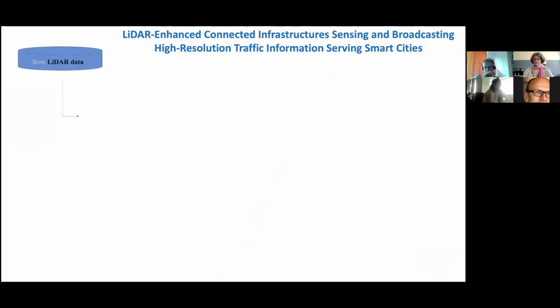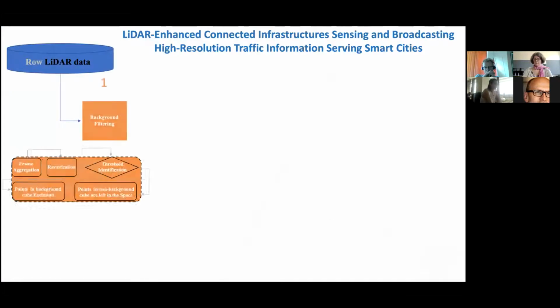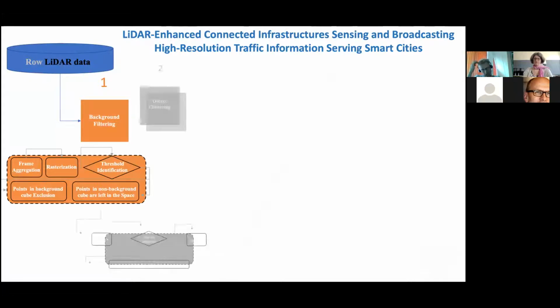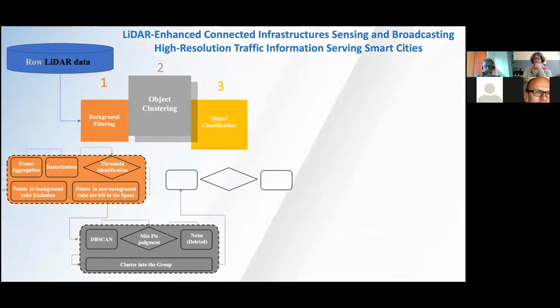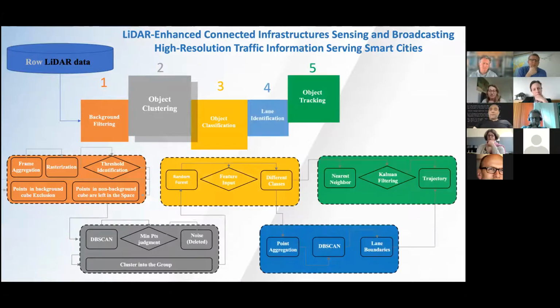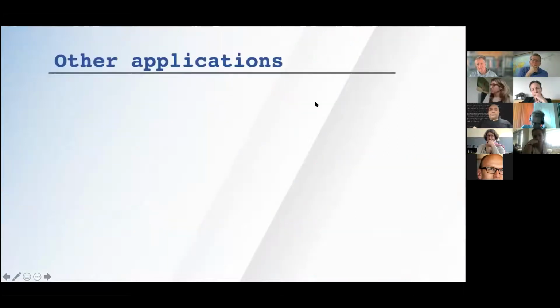I just wanted to show that there are implemented and successful procedures to use this capability for such applications, where we use raw LiDAR data for detecting objects, clustering objects, and then tracking the objects.